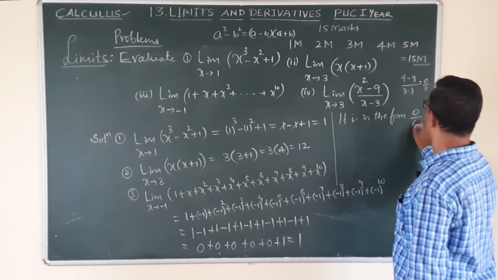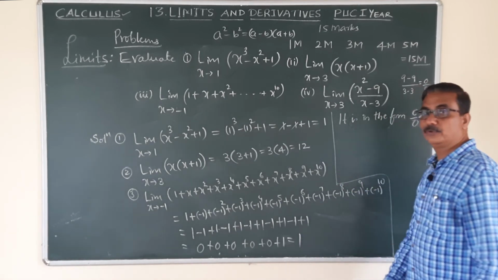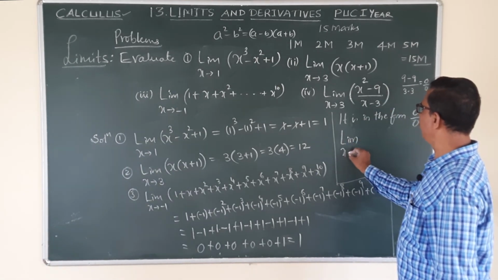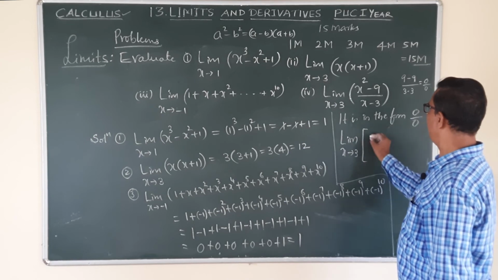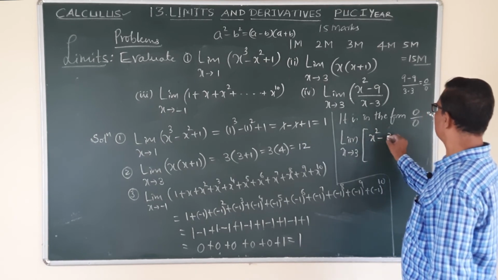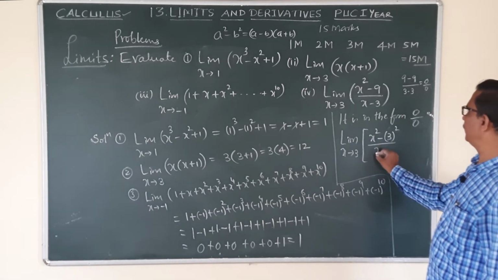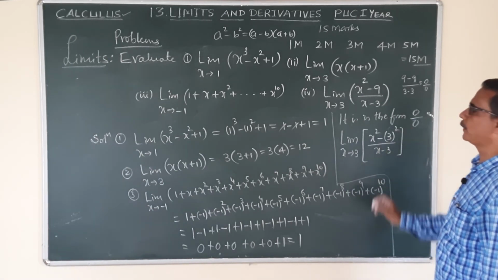indeterminate 0 by 0. So what can you do? Simplify that function. Now the limit as x tends to 3 of x squared minus 9, which is the same as 3 squared, divided by x minus 3.